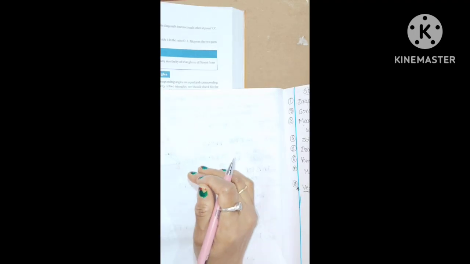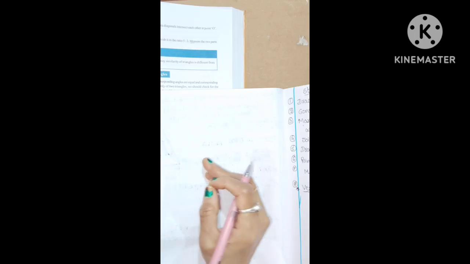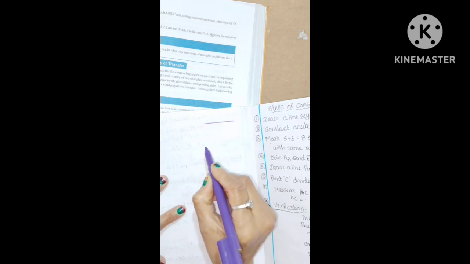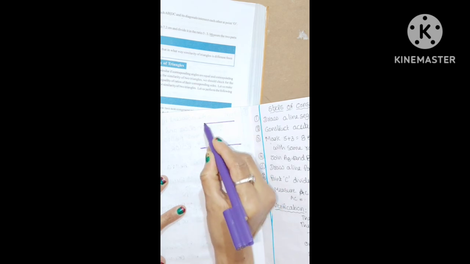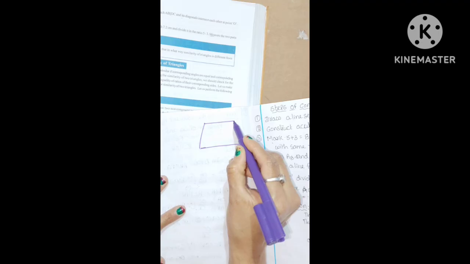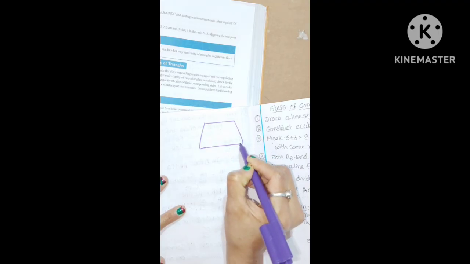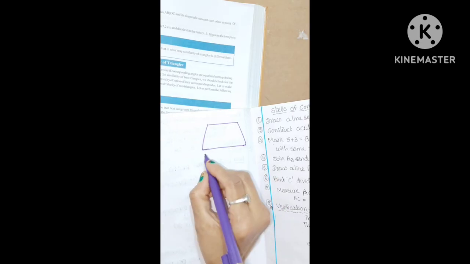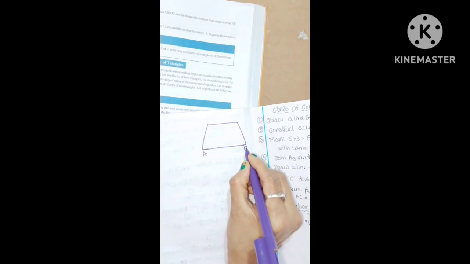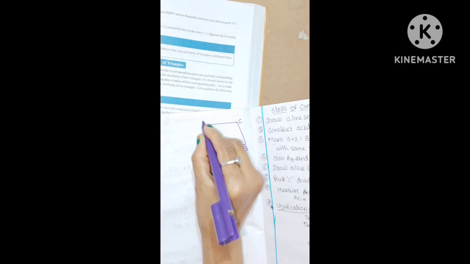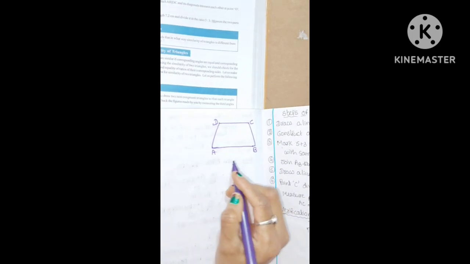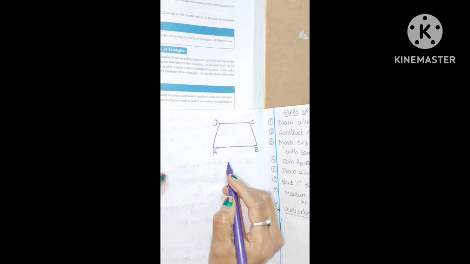Here, proof. In this question, first draw the trapezium. This is the trapezium. What's the trapezium name? The trapezium name is ABCD. And what about the sides in a trapezium?